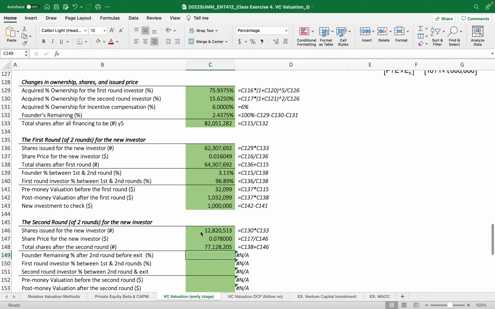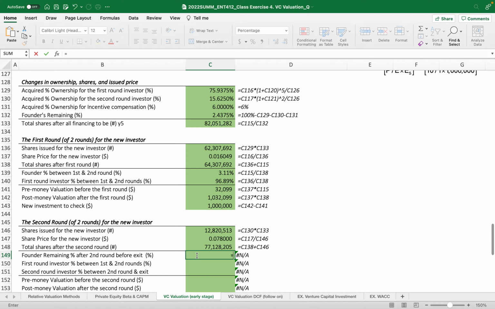So we have the new total shares after the second round, right? But it's still not the same as 82 million, because now you expect some additional shares issued for employees at the incentive compensation round for employees, right? The founder's remaining, now how to calculate the founder's remaining here.